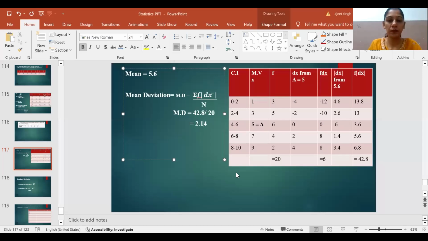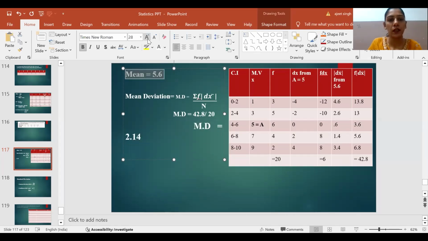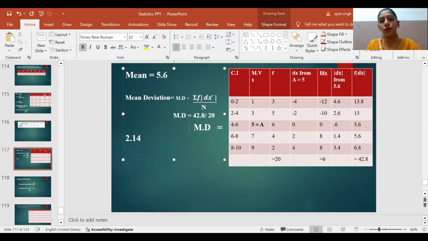So this is mean deviation. The value of the mean is 5.6 and the answer of mean deviation is 2.14.